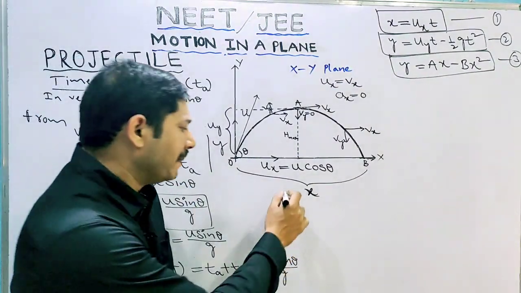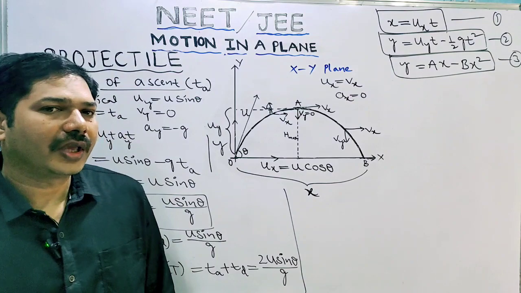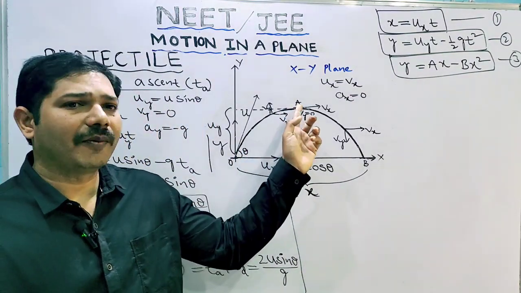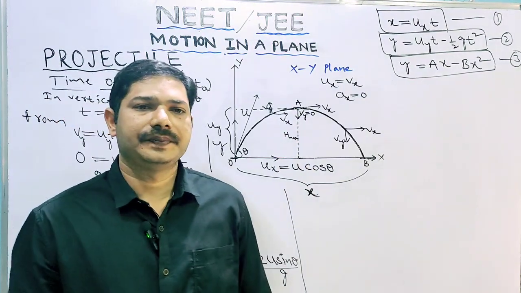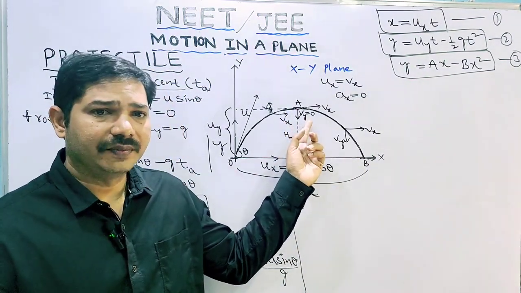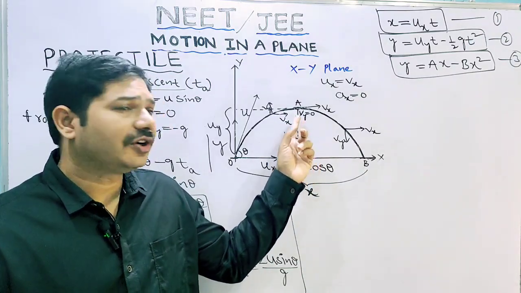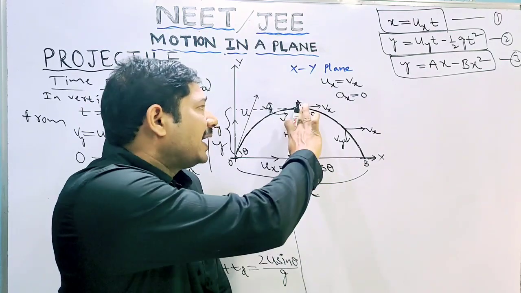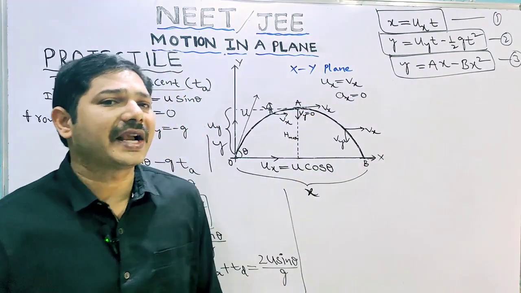So next, maximum height. What is maximum height? When the body is moving upward in vertical motion, the point at which the final velocity becomes 0, that height is called the maximum height.